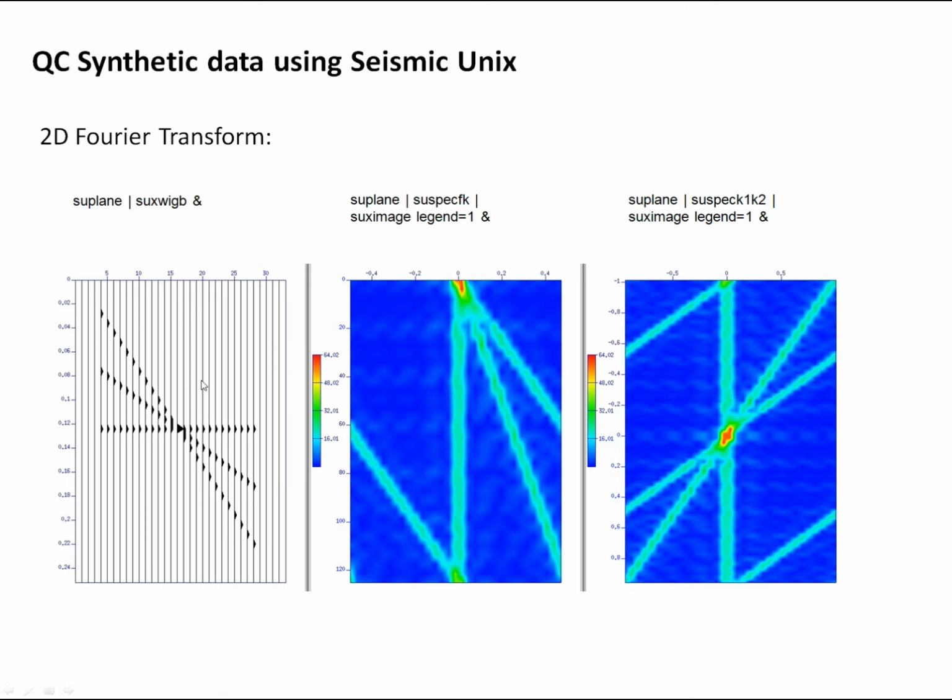Of course, of the other two events, the steeply dipping event is aliased, so you see this aliased energy here. This is the 1D Fourier transform, and this is when you perform the 2D Fourier transform using SUSPAC K1 K2, and here you use SUSPAC FK.